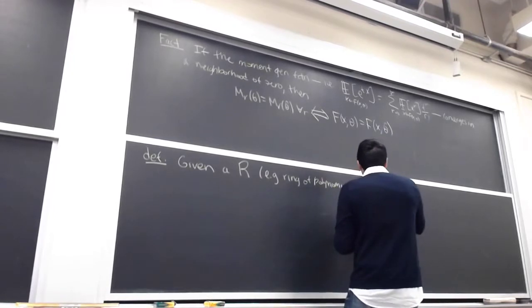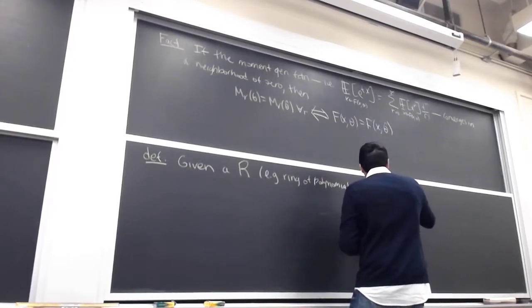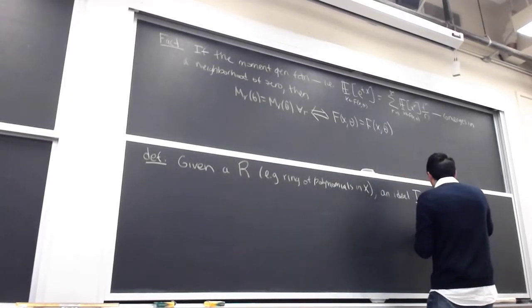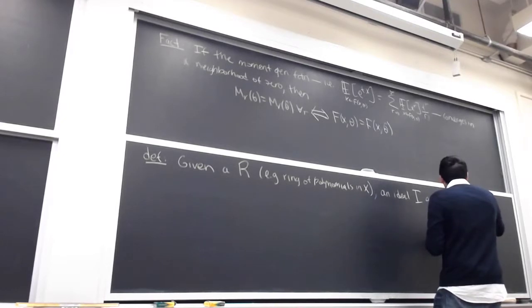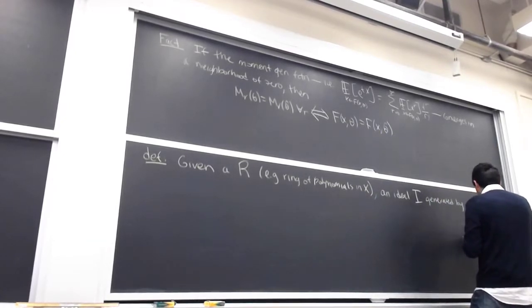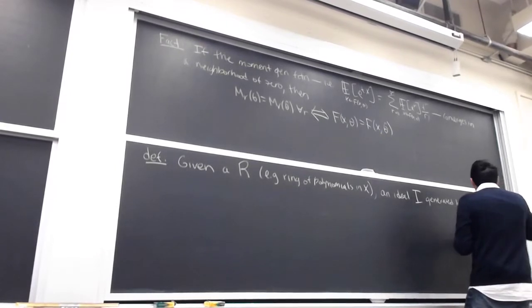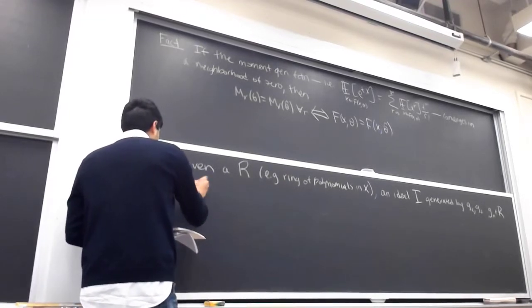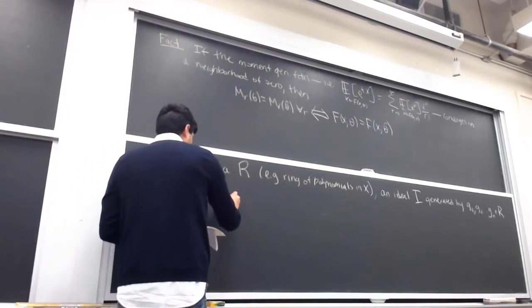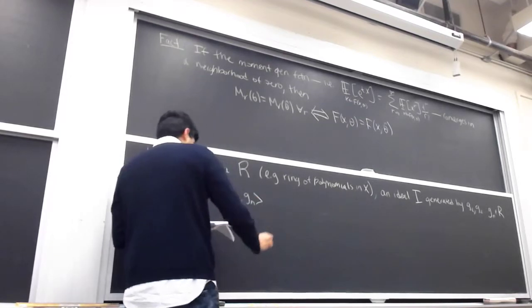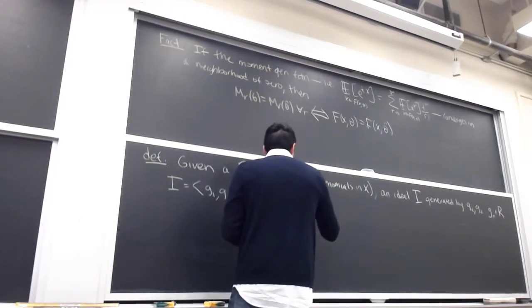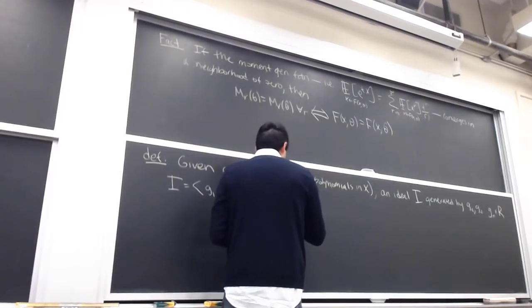Well then, the crucial idea is that we can define an ideal which will be generated by some elements in this ring. And we're going to denote this by I of bracket G1, G2, all the way up to Gn. And what it is, it's just the set of all things that you can get by multiplying these generators by other elements in the ring.